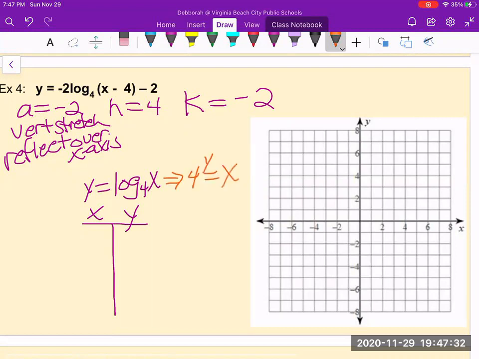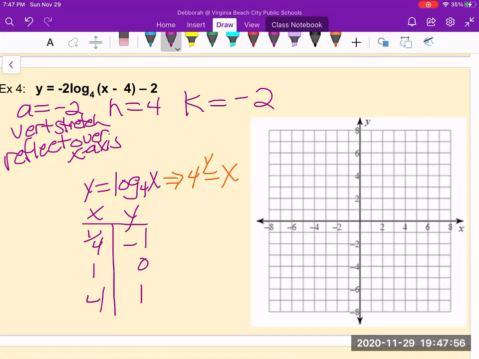So once again, we're going to put those same values into our table. In for the y values, -1, 0, 1. Our x's again, so 4 to the -1 is again 1/4. 4 to the 0 is 1, and 4 to the first is 4.